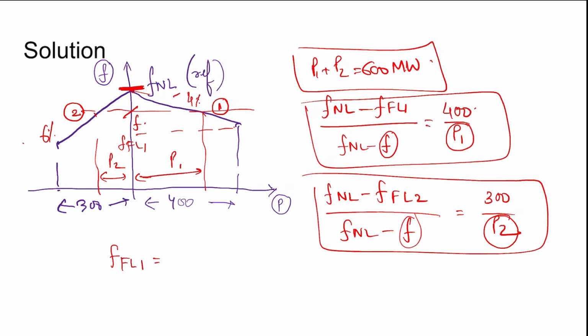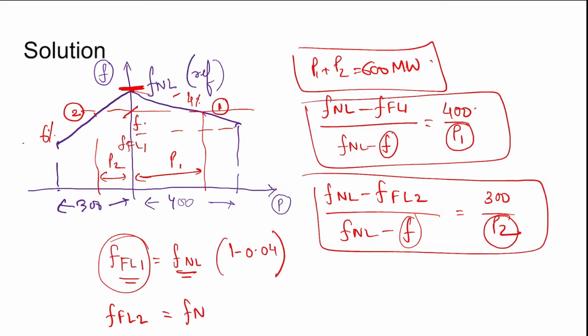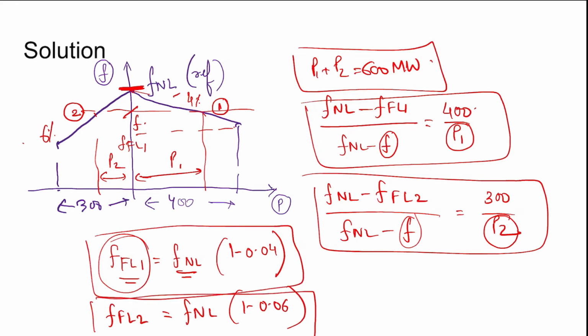FFL1 equals FNL into 1 minus 0.04, because of 4% speed regulation with respect to no load. So the full load frequency for the first machine is like this, and for the second machine, because of the 6%, we can write minus 0.06. These are another two equations which help us write FFL1 and FFL2 in terms of FNL.